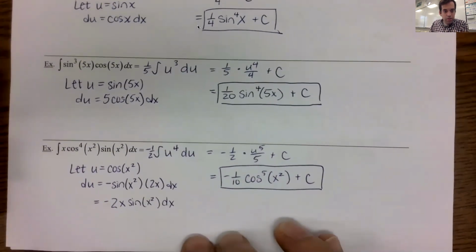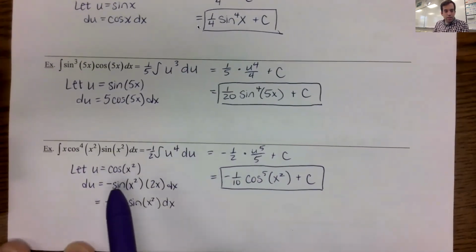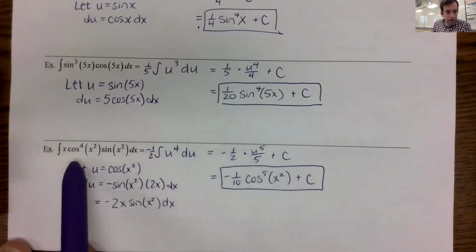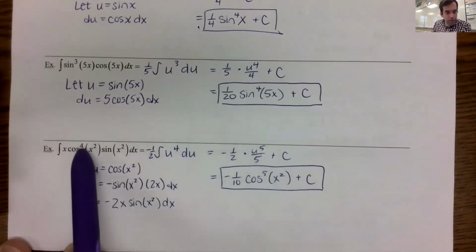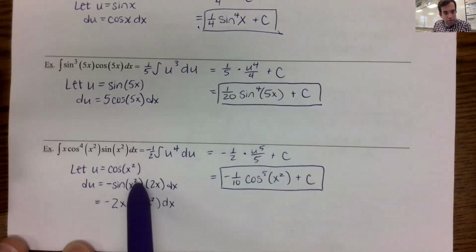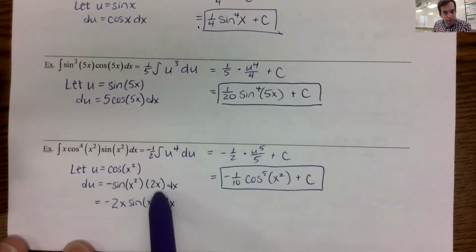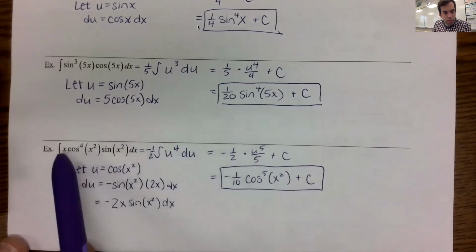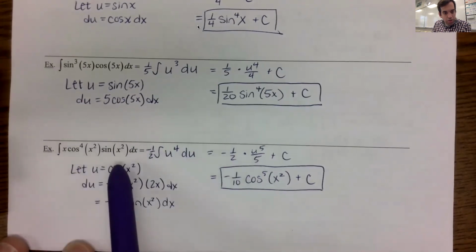And very similar in the next question, but it's a little bit more complicated. The cosine of x squared is what's raised to the 4th power. So I'm going to let u be cosine of x squared. The derivative is negative sine of x squared times the derivative of the inside, which is 2x. So now we have kind of a chain rule in this derivative, but it's part of our u substitution for our integral.